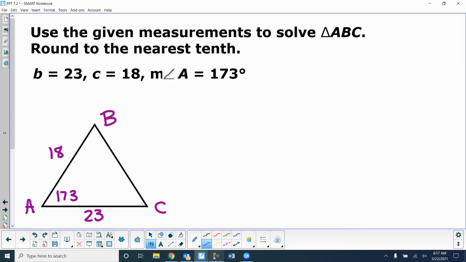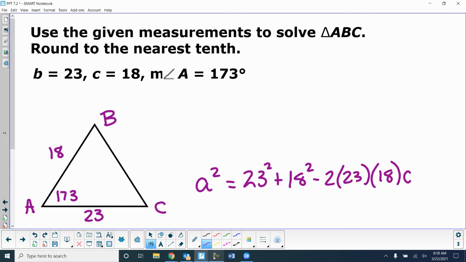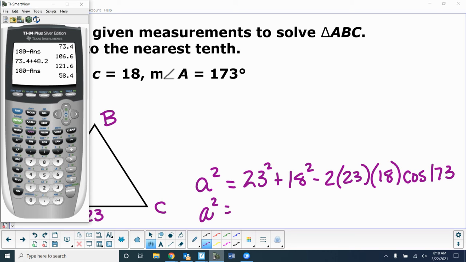So A squared equals B squared plus C squared minus 2 times B times C cosine of A. We put all that in, and that's what A squared is.